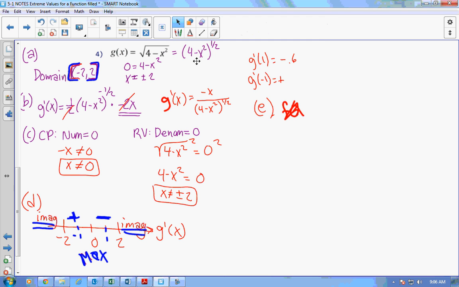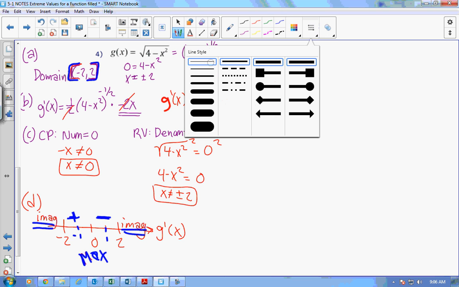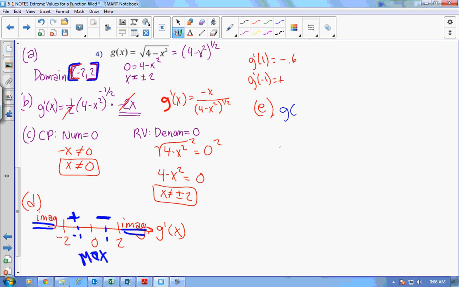Goodness gracious. g of x has an absolute max, let's do of first. We plugged in 0 and we got what? 2. Of 2 at x equals 0.